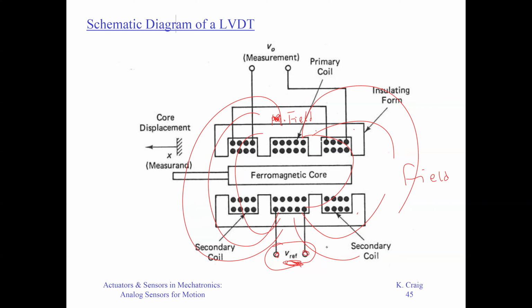Now, you have a ferromagnetic core in here. It is ferromagnetic, so it has a magnetic reluctance. Then you have a coil in here. If you have relative motion of this bar, the core displacement, the core will move left and right.